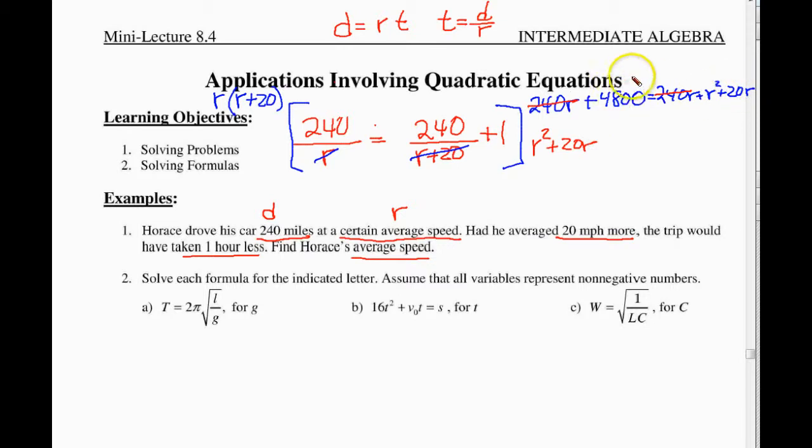And now I'm going to transpose that, and that becomes a negative 480 equals 0. Now I did it that way so I got more room. I'm just moving everything over to this side and then moving it to that side. So r squared plus 20r is this.